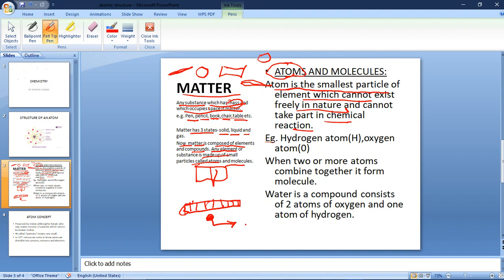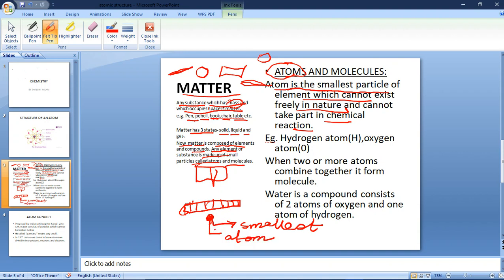It is not divisible. This is the smallest piece which cannot be divided further, and it is called atom.